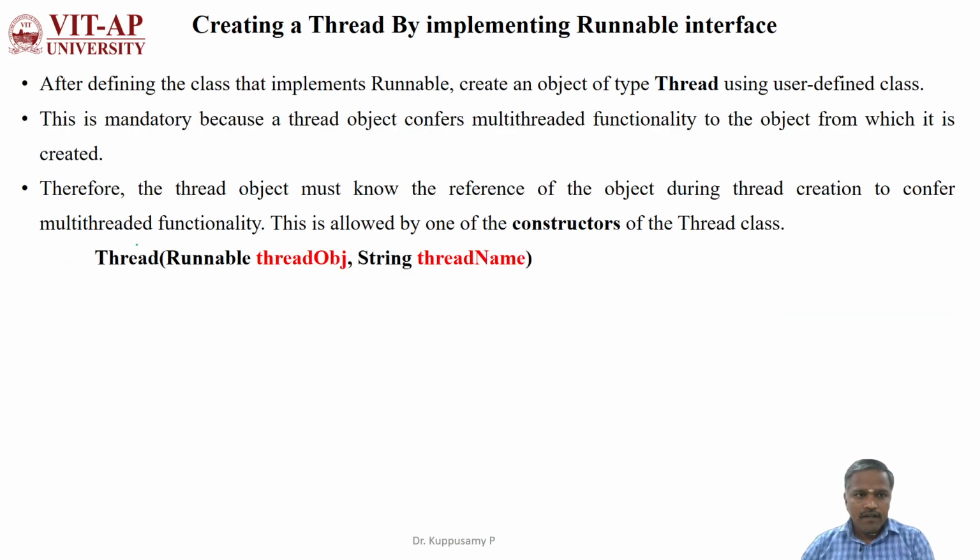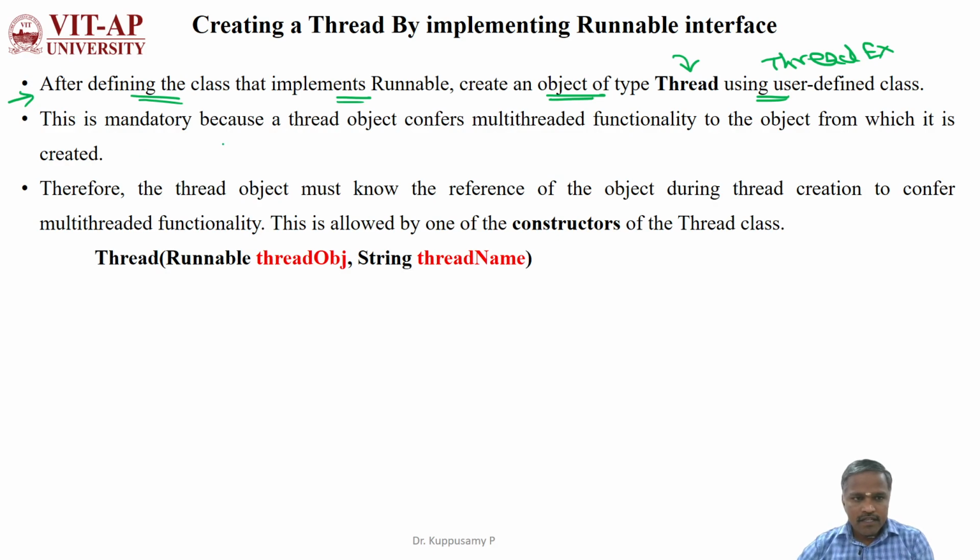Based upon that, here I am giving the statements after defining the class which implements Runnable. We are creating the object which belongs to the type Thread, using the user defined class ThreadEx. Whatever I explained in the previous slide is what is given here.